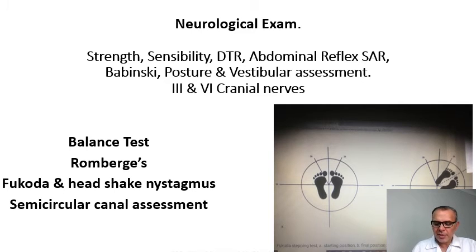allow us to figure out how this particular patient's CNS is working, how his vestibular system is working, how the posture has been affected, and whether he has any hidden neurological things that we could investigate more.